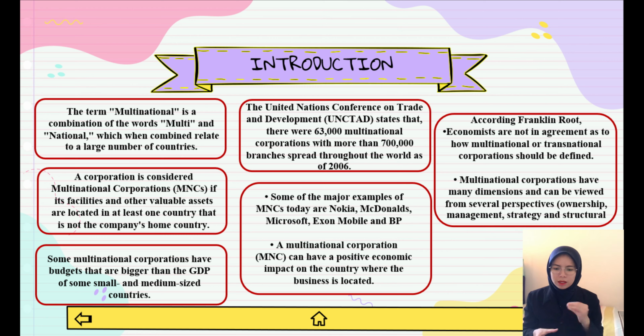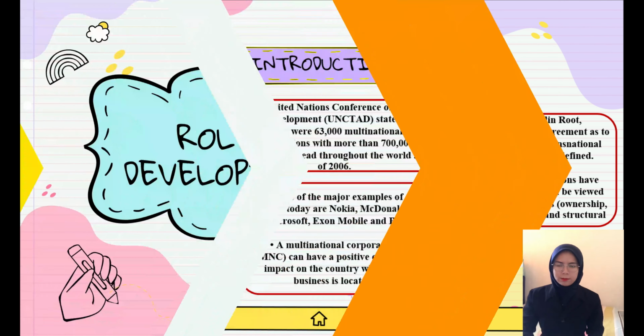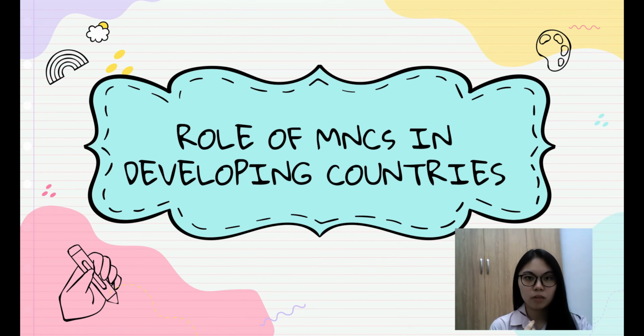However, ethnocentric is misleading because it focuses on race or ethnicity, especially when the home country itself is populated by many different races, whereas polycentric loses its meaning when the MNC operates only in one or two foreign countries. Now I will explain the role of MNCs in developing countries.